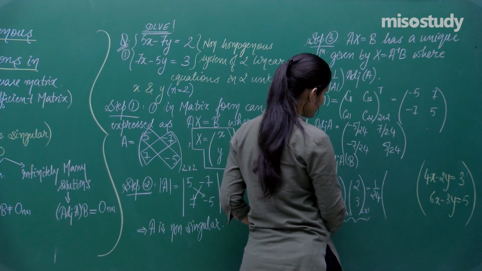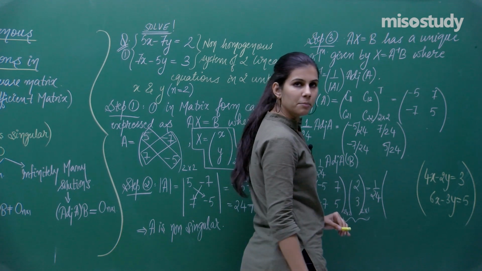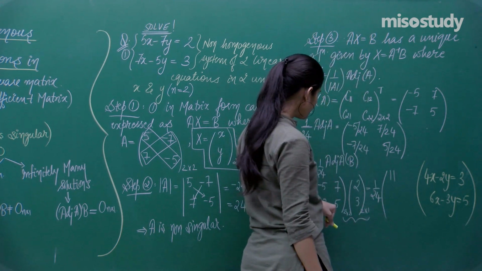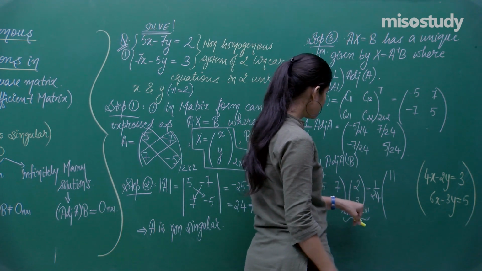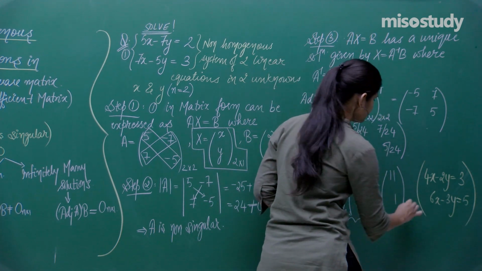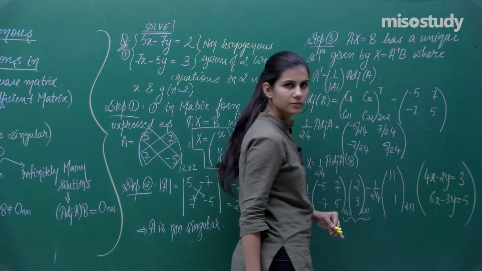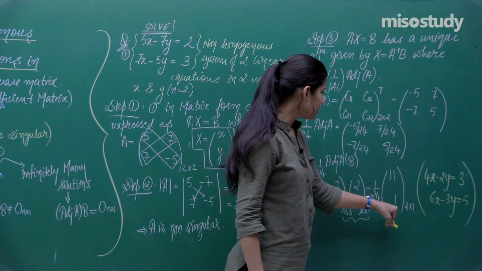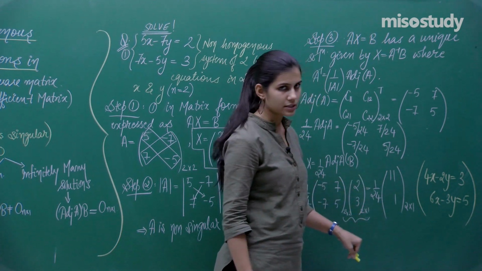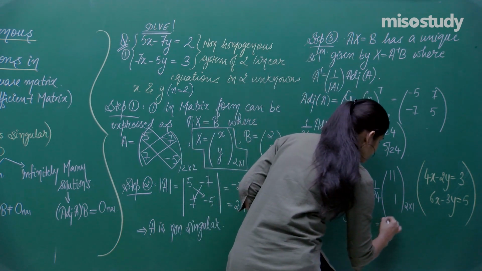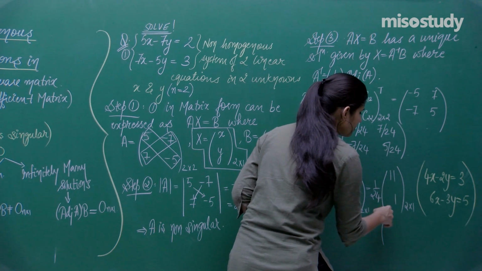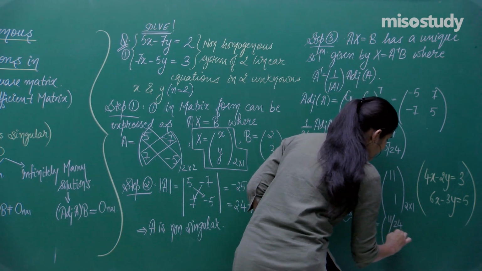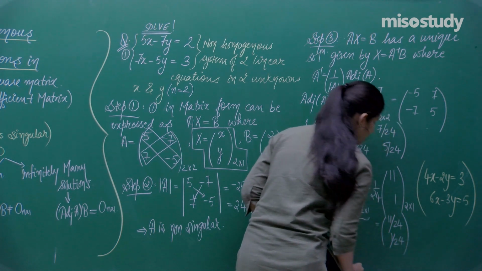Minus 10 plus 21 gives you 11 and here you get minus 14 plus 15 gives you 1. 1 1th entry was obtained by multiplying first row with this column. 2 1th entry was obtained by multiplying second row with this column. And eventually what have you got? When a scalar gets multiplied by a matrix, that scalar gets multiplied with every element of the matrix. 11 by 24, 1 by 24.